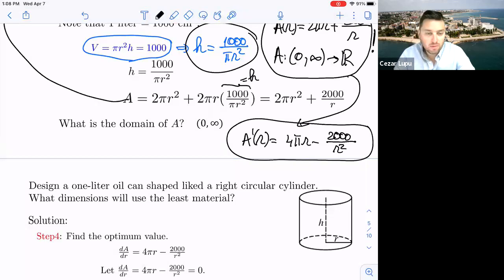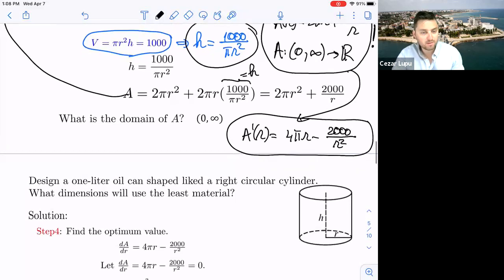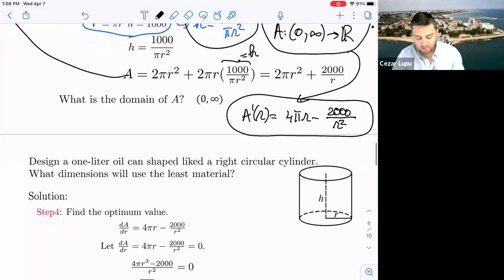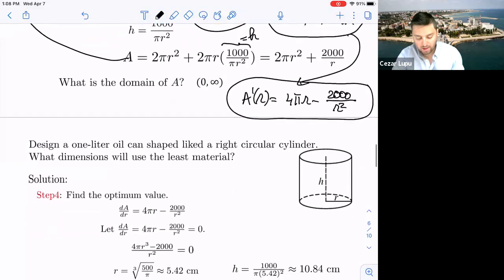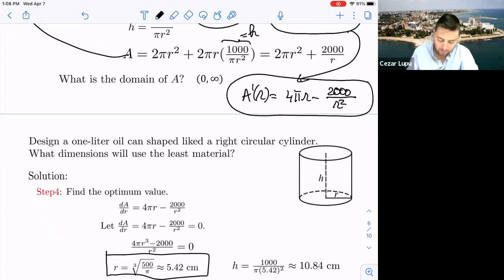Now, by doing some algebra, which I don't want to do, thank God the slides do this for me. The solution for this equation is given by this guy here. So r is this, and of course, that's the critical number.